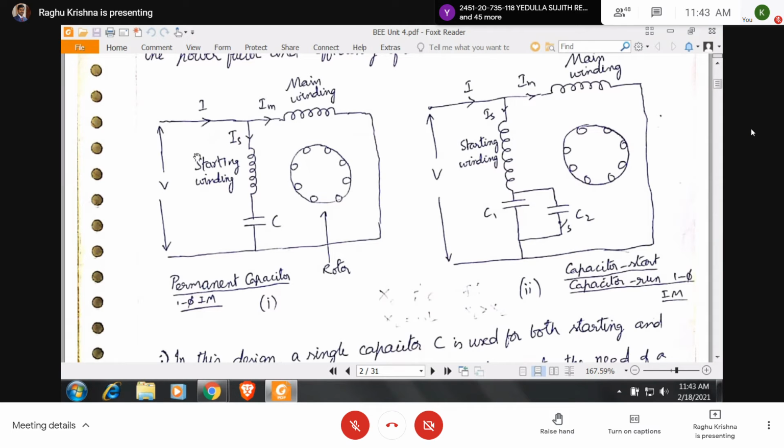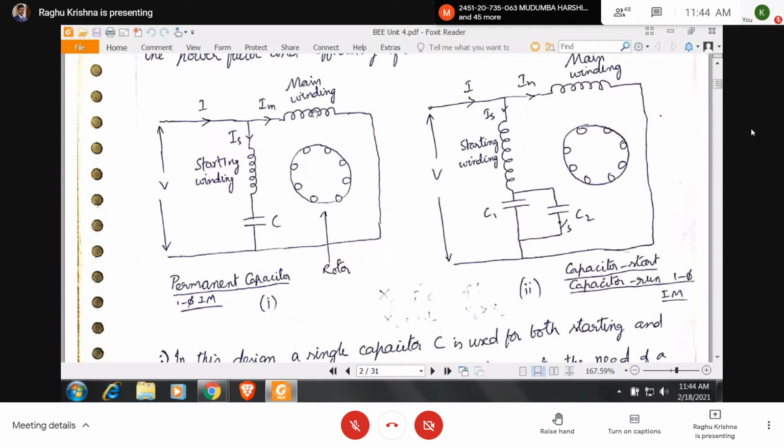So here V is the single phase supply voltage. When a single phase supply is applied to the motor, there are two windings. IM is the current in the main winding. Second one is the starting winding, and to the starting winding we are going to provide a capacitor.